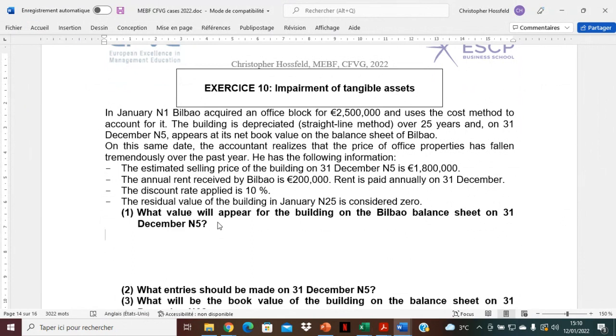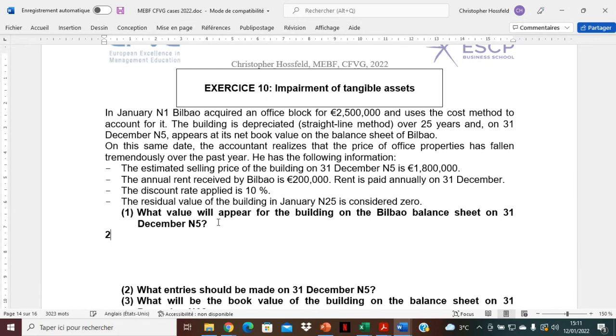Okay, so here we have the situation. The first question is, what value will appear for the building on Bilbao's balance sheet after 5 years, on December 31st of N5? Let's calculate this.